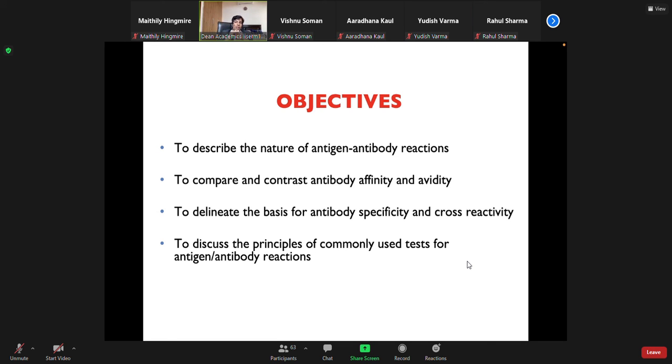How does it differ from avidity? And how to delineate whether this is a specific reaction or a cross reaction. Then we are also going to use some commonly used tests which involve the antibody molecule. This is what we are going to talk about in this topic.